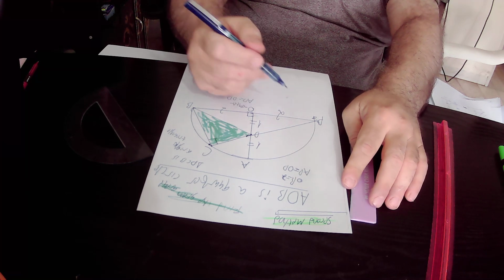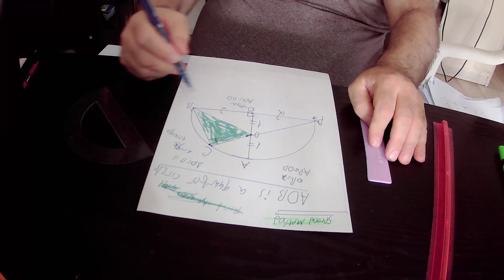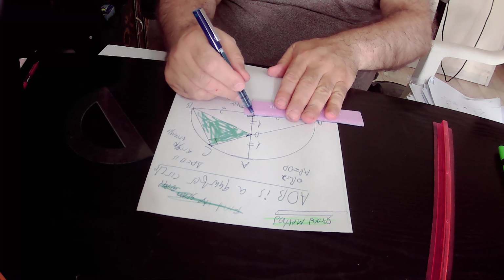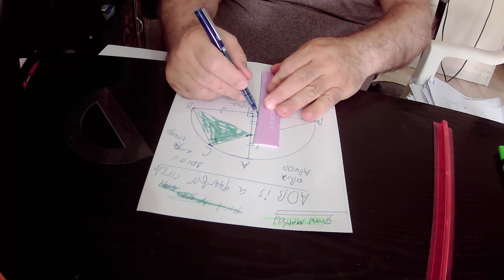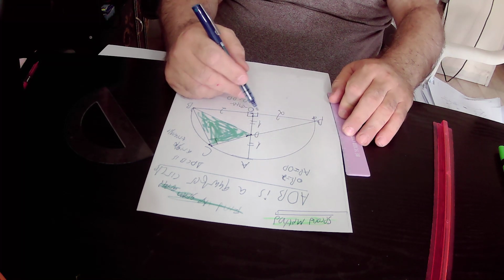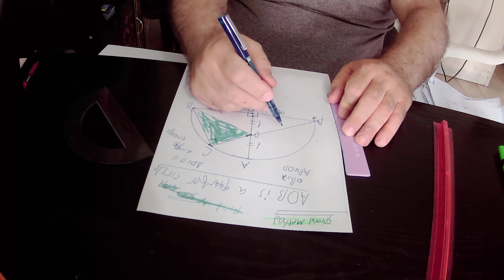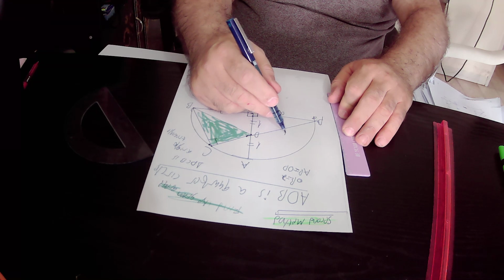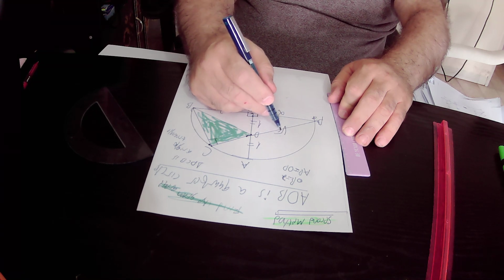According to the first method, we have already found out that angle DOP equals 90 degrees, therefore DOP is a right triangle. We have already found out in the first method that the hypotenuse DP equals square root of 5 units.